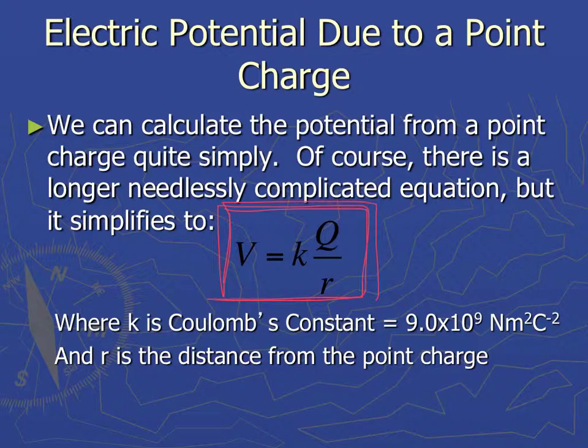K is the constant, q is the charge that you're talking about, and r is the distance from that point charge. And so now we have electric field, we have electrical potential, we have electrical potential energy, three very similar concepts, but all unique and different in their own way.